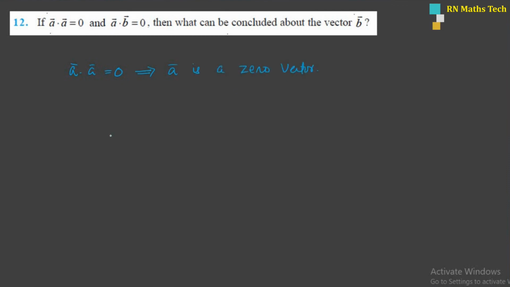Since a bar is equal to 0, the second condition a bar dot b bar equal to 0 holds for any vector b bar, that is, b bar can be any vector.